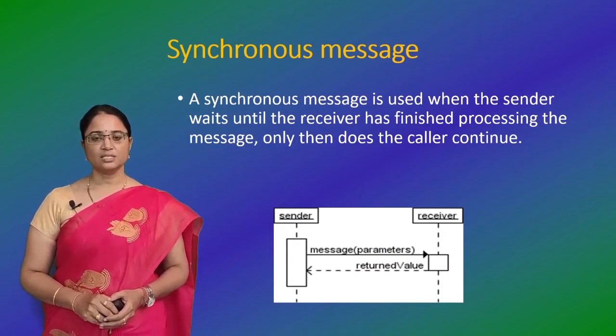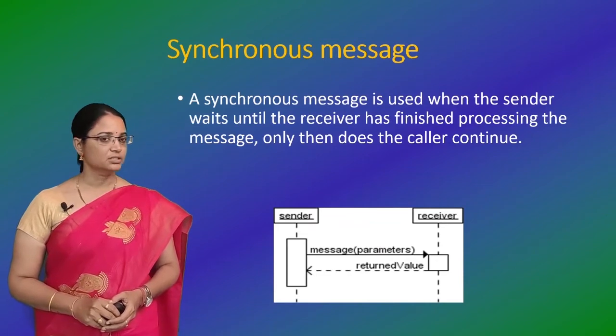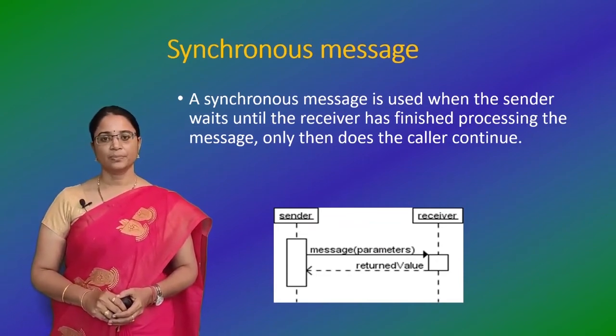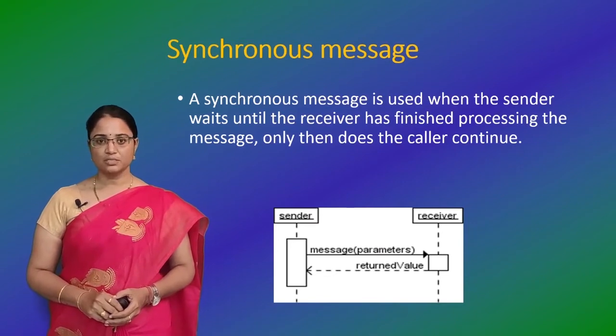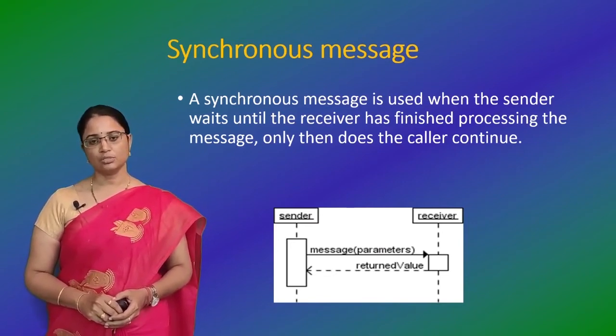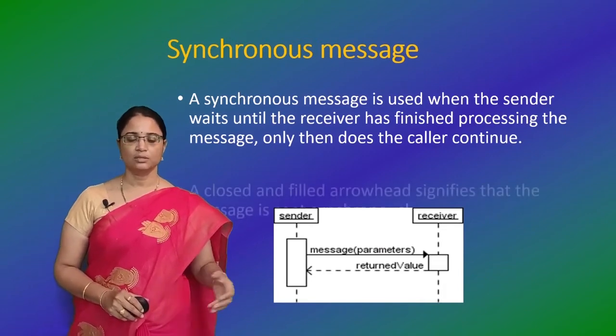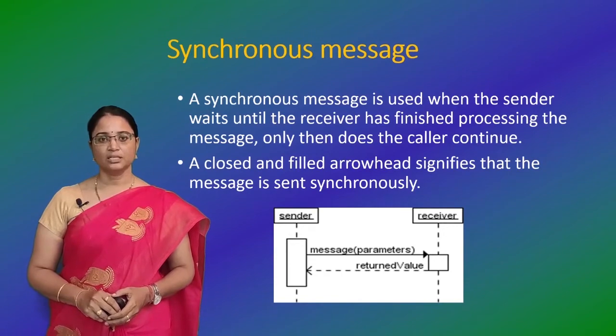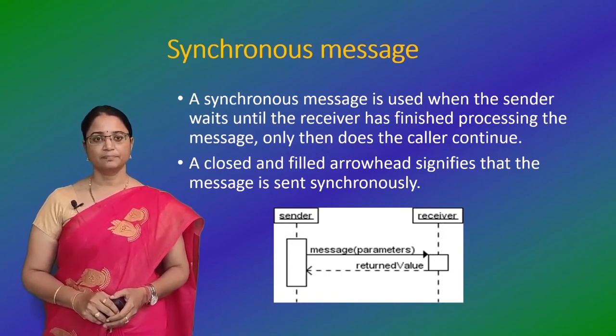In the figure, the sender sends a message with parameters. The receiver receives the message, processes it, and gives a return value to the sender. A closed and filled arrowhead signifies that the message is sent synchronously.